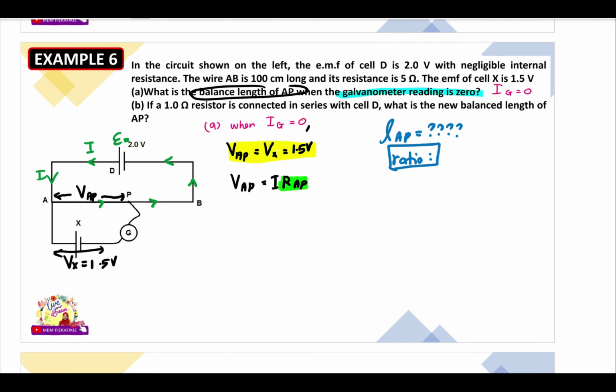Okay, di mana bila length AB equal to 100 cm, dia punya resistance AB soalan bagi 5 ohm. Dan sekarang kita nak cari berapa, kalau panjang LAP sama dengan X, RAP dia berapa? So, kita ada dua unknown.